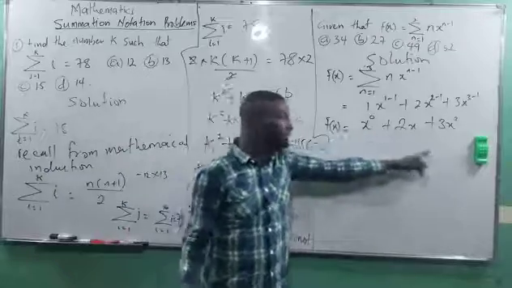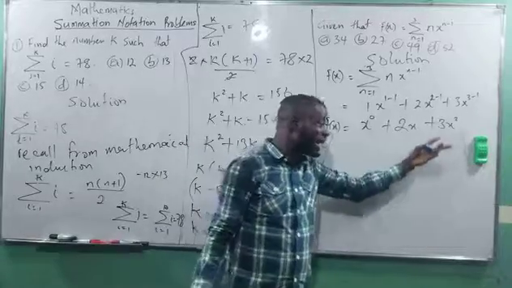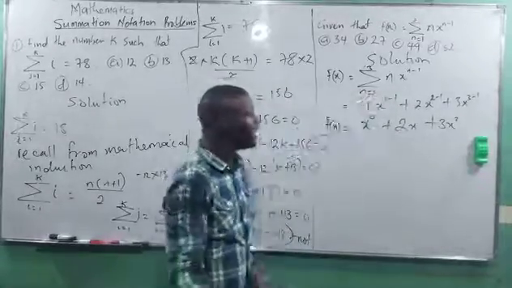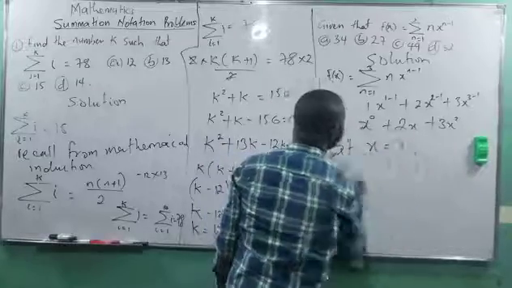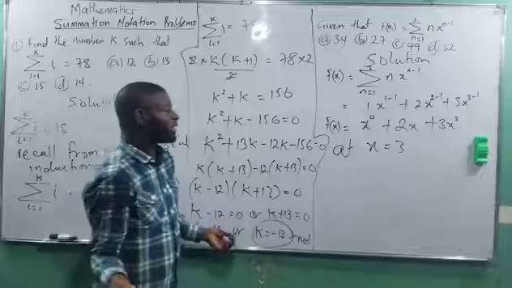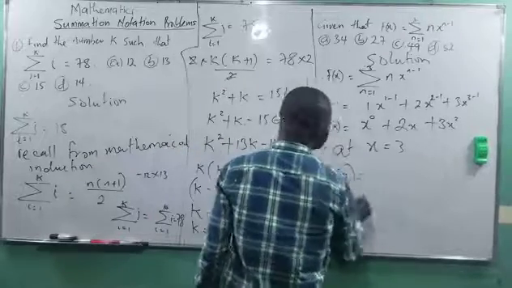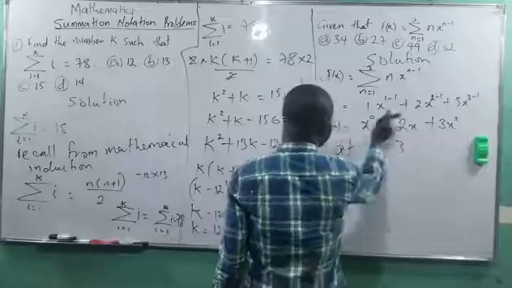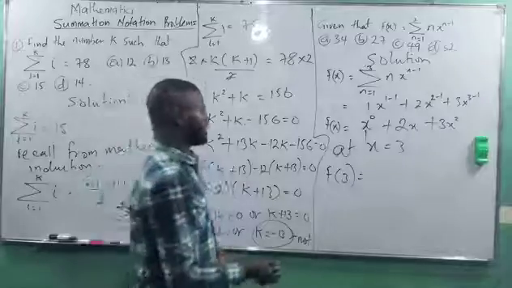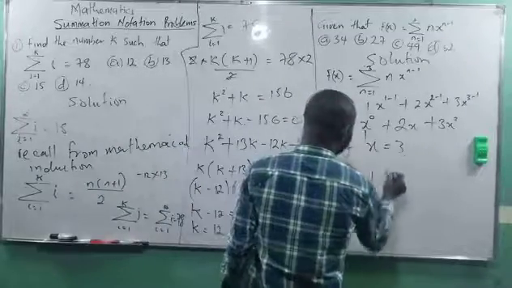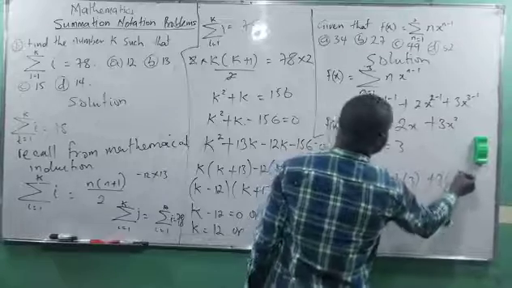I've tried to take away the summation notation attached to the function. Now I can answer at x equals 3, because that is the maximum. At x equals 3, my function of 3 equals 1, since any number raised to power 0 is 1, plus 2 times 3, plus 3 times 3 squared.